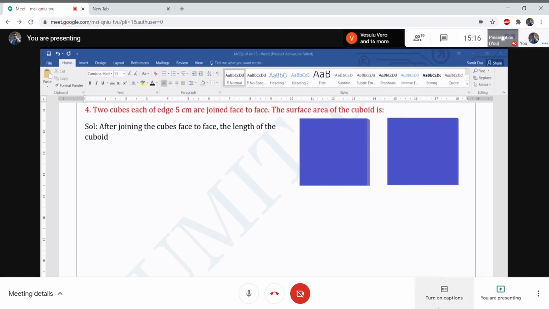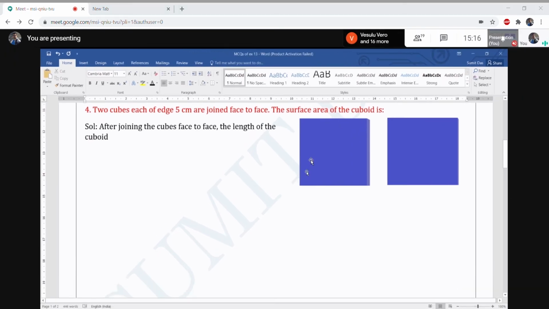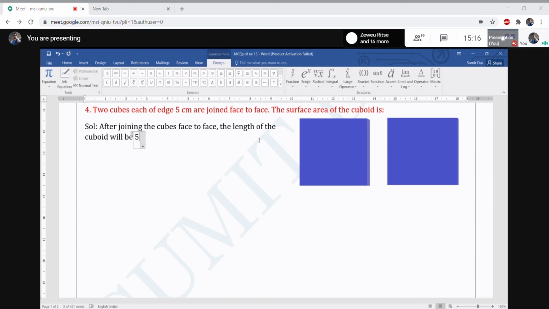And you can see the breadth and height will not change. Only the length will change. The length of the cuboid will be 5 plus 5, that is 10 centimeter.